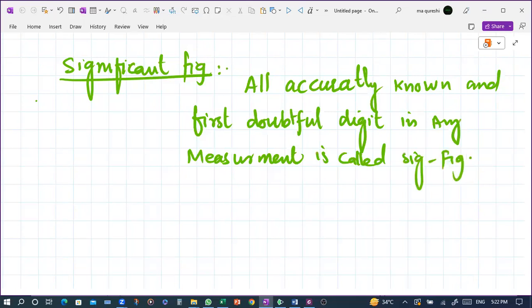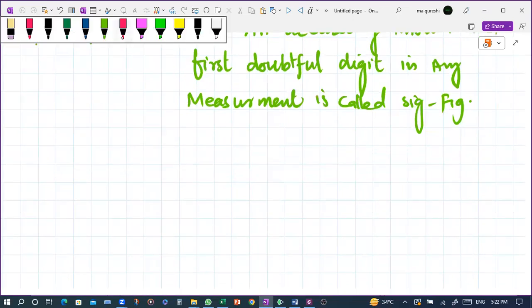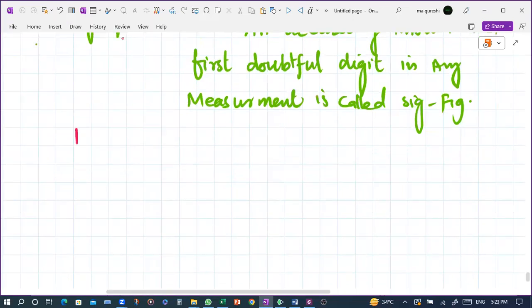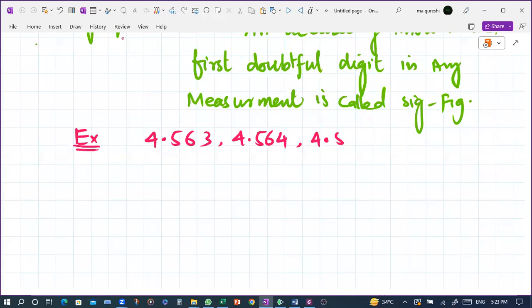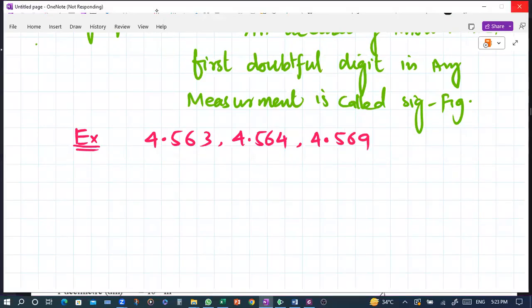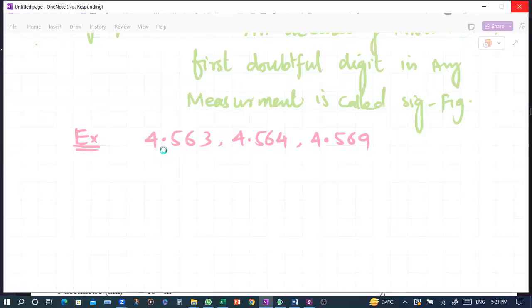Got it? For example, if I have data of 4.563, 4.564, 4.569, and so on, in this I basically have 4.56 accurately known, because this is available in all readings, and then the last one is my first doubtful digit.